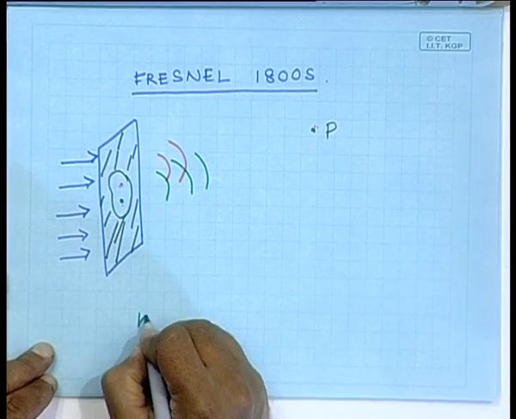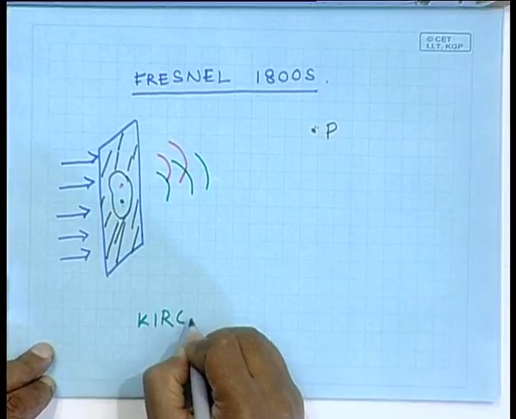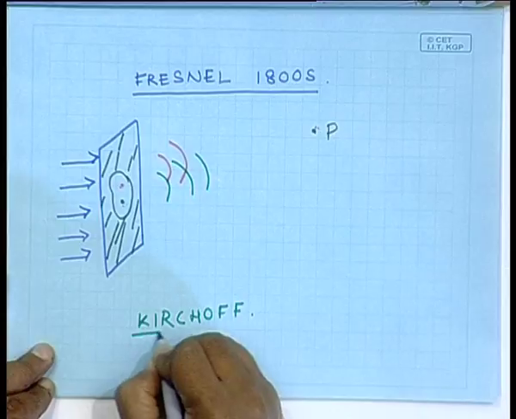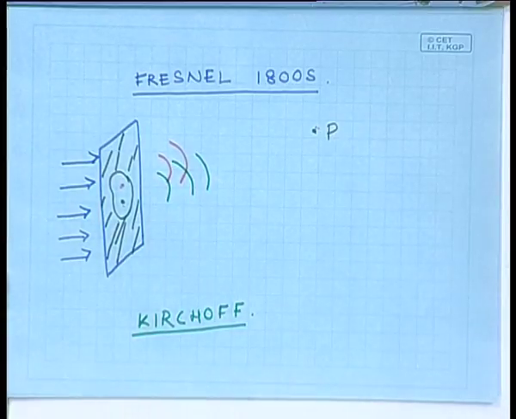Later on, a Russian physicist, Kirchhoff, showed that this prescription given by the Huygens-Fresnel principle is indeed a solution of the wave equation.